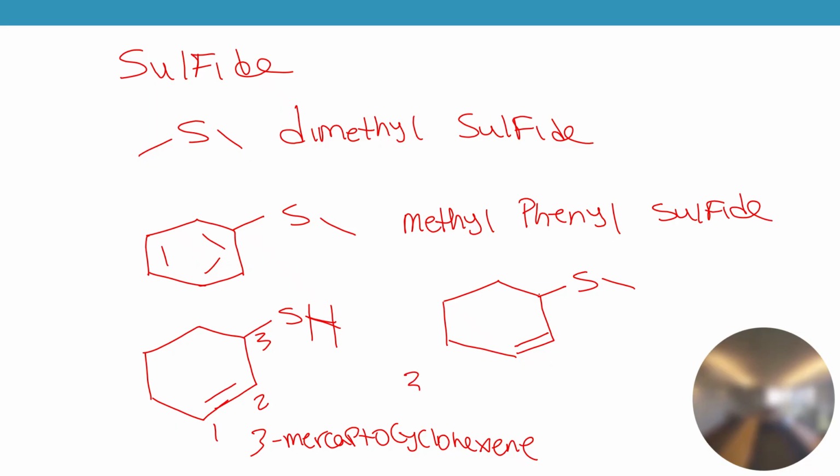But this is going to be a 3-methyl thiol. I don't know why not call it a sulfoxy. Well, methyl sulfoxy? Yeah, I don't know. Anyway, I don't get to come up with the names. And then cyclohexene. All right, that is all I have. Enjoy your naming.